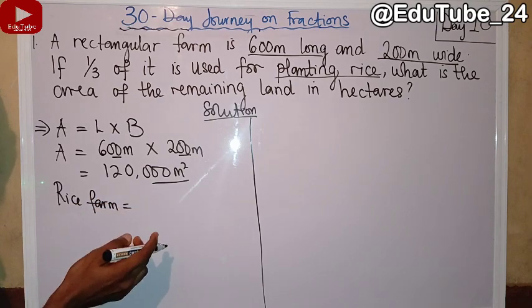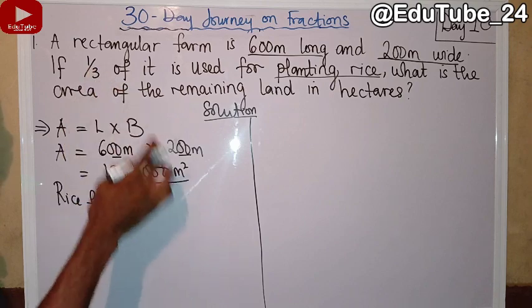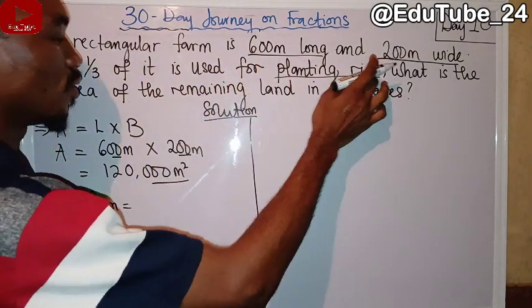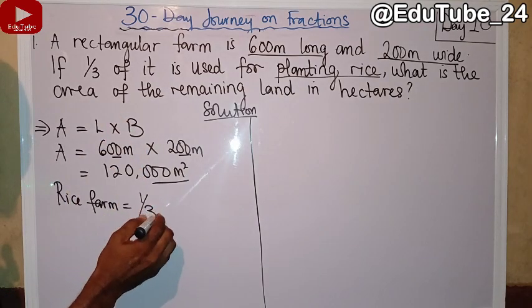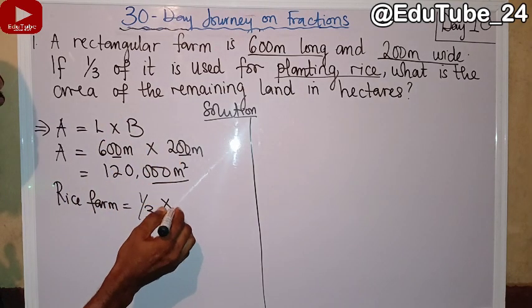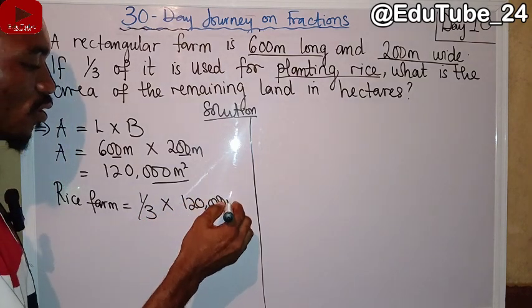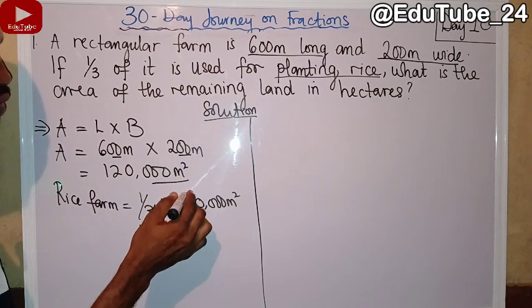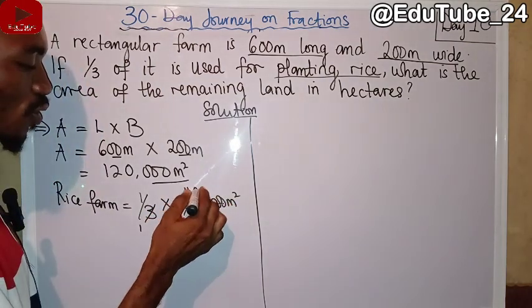Now, they said the rice farm is 1/3 of the entire land, as it is in the information that if 1/3 of it is used for planting rice. So I tag that as rice farm, and then 1/3 of the entire farmland. So 1/3 means 1/3 times 120,000 meters squared. Okay, 3 in 12 will give you 4, and then the zeros behind the 12, we insert them there.